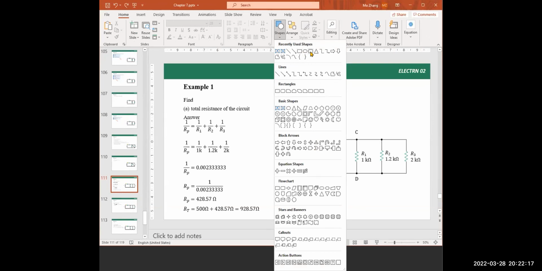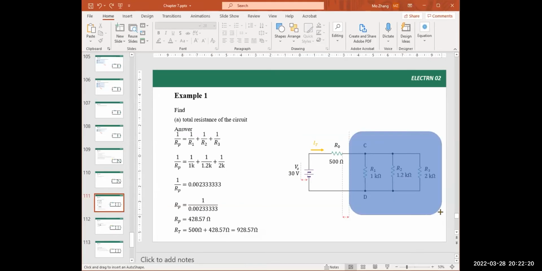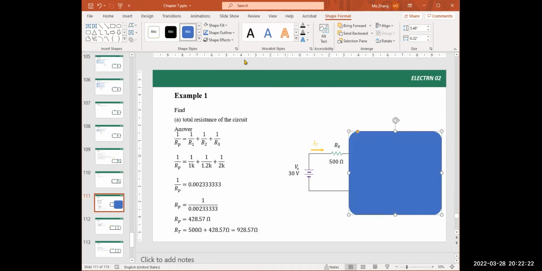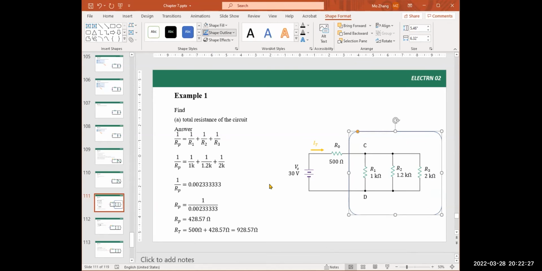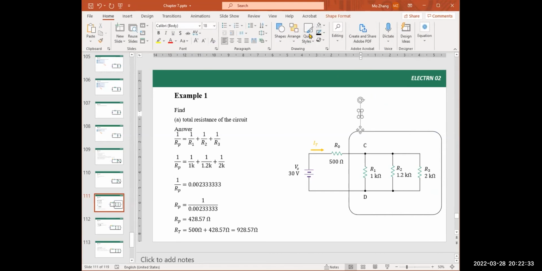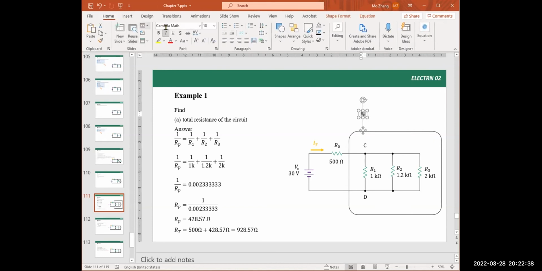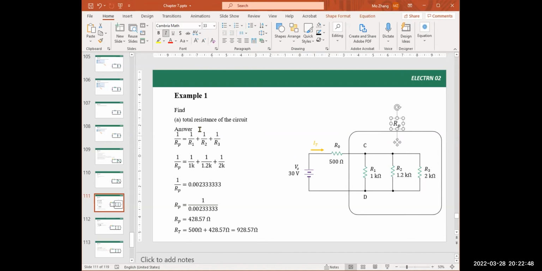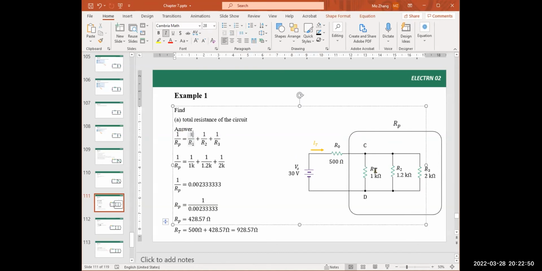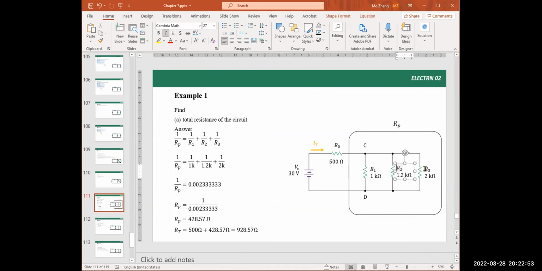So this equals RP. 1 over RP is 1 over R1 plus 1 over R2 plus 1 over R3, right?